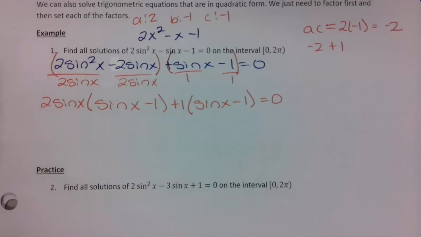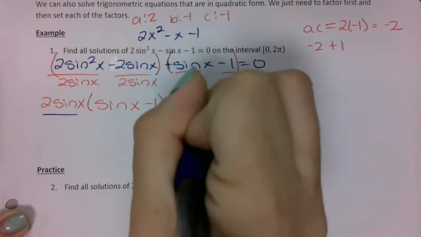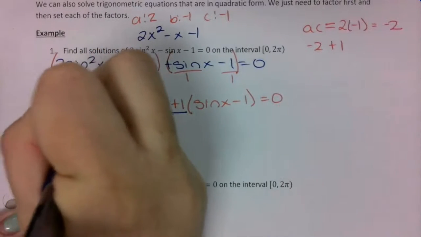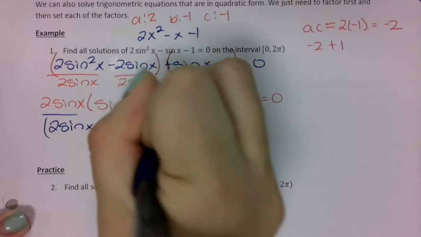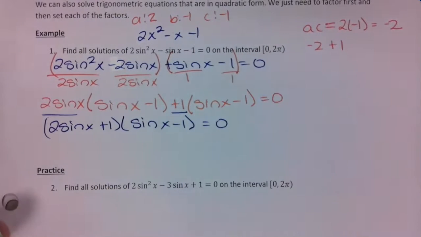Okay. Then what do I want to do? So I'm undoing the distributive property here by putting my 2 outside pieces together. Okay, then what do I want to do?